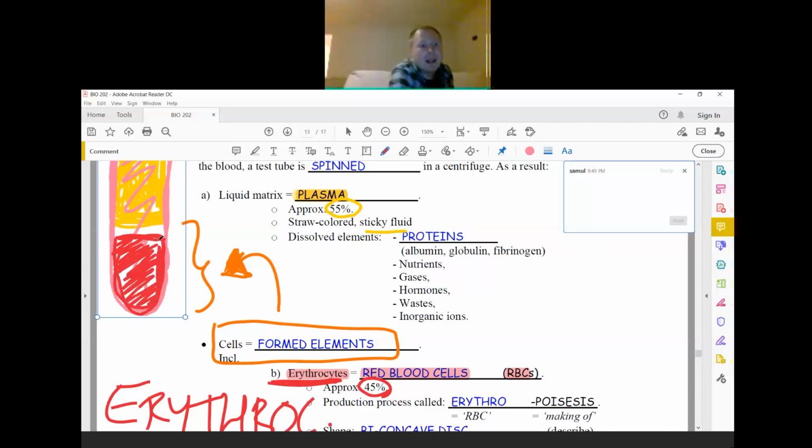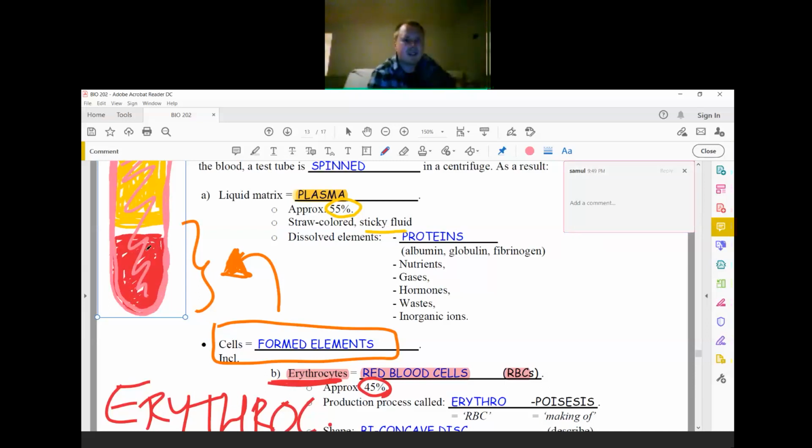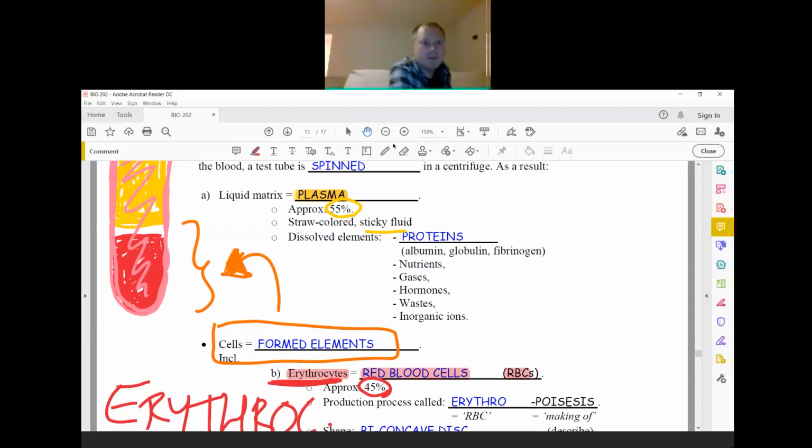So they're going to be at the bottom of this test tube of blood sample that has been separated into its different components. So that's supposed to be our red blood cells there. That looks better.